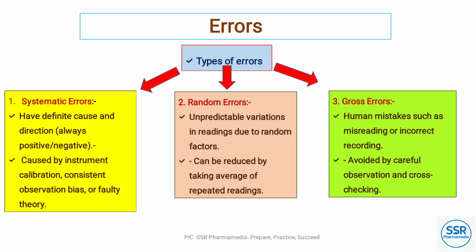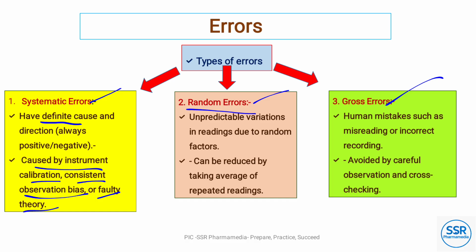Next we will discuss the types of error. There are three types: systematic error, random error and gross error. Systematic errors have definite causes and directions, caused by instrument calibration, consistent observation bias or faulty theory. Systematic error may be corrected.